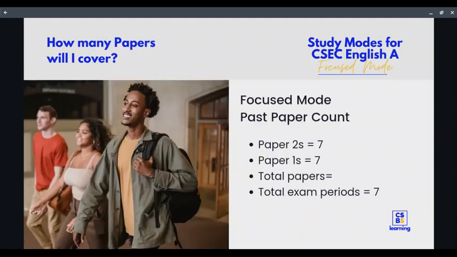Essentially, the beauty of this is that, I left out something again. I always do that when I do slides because I do them so quickly. I'm sorry. But if you follow this exact method, you will do 7 paper 2s and 7 paper 1s. That means overall you're going to do 14 papers and you're going to focus on 7 different exam periods, more or less. That's quite phenomenal. Imagine walking into the exam room having focused on at least 7 exam periods by the end of April.